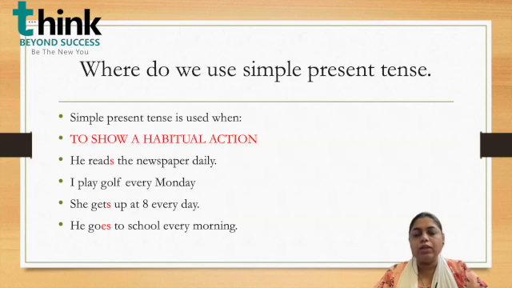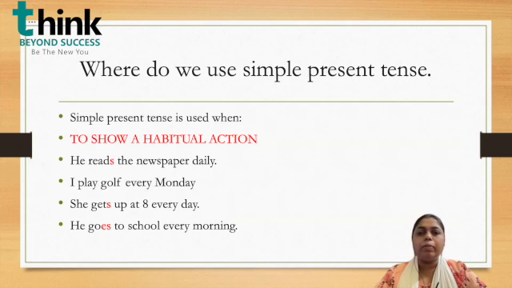Now let's come to the point of when, in which situation, we use simple present tense. Simple present tense is used to show a habitual action, any habit or repeated action. He reads the newspaper daily.